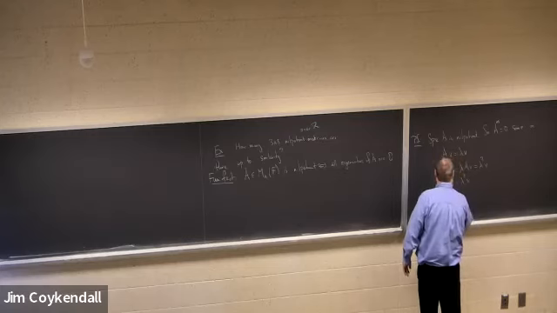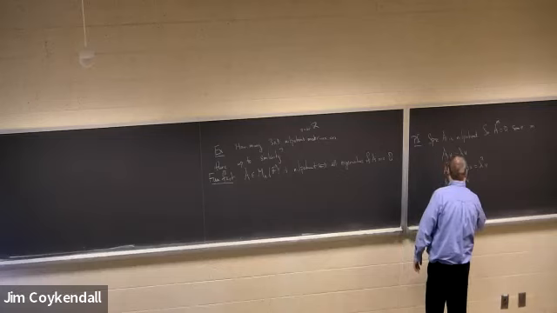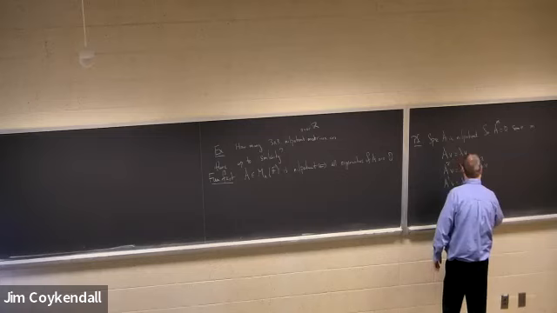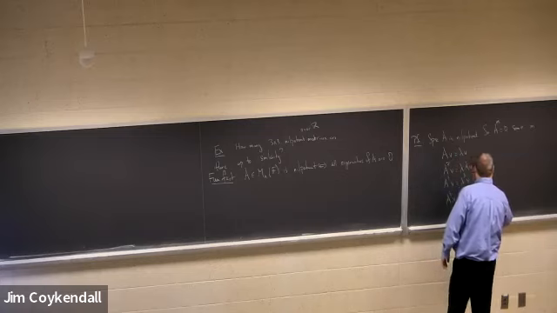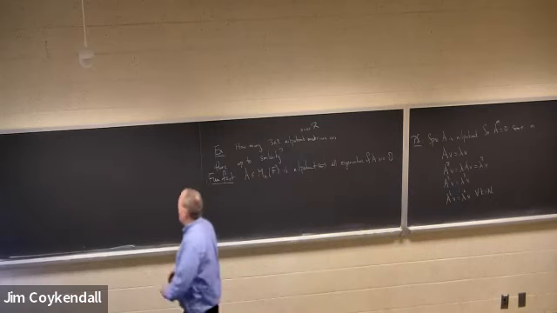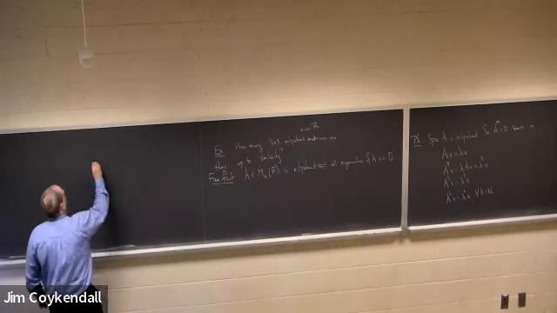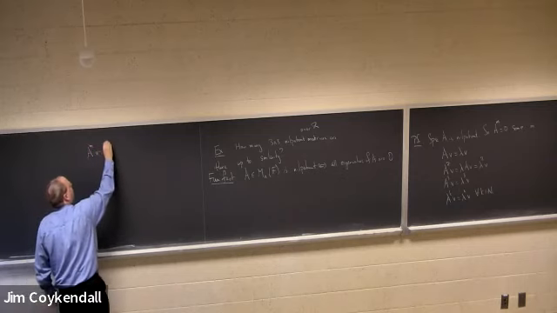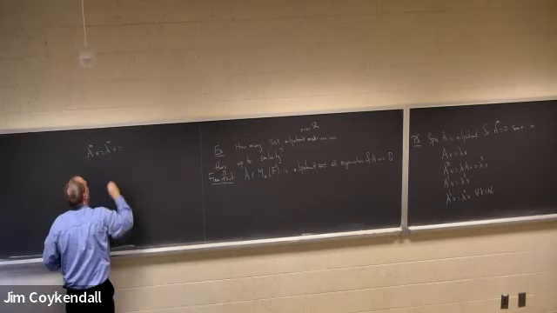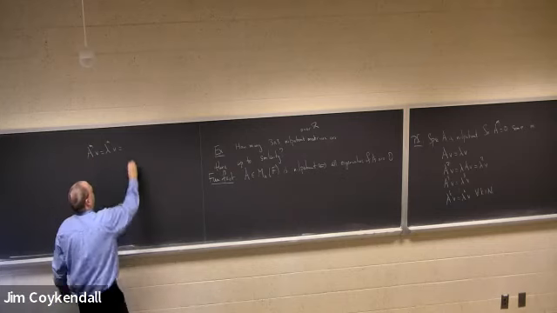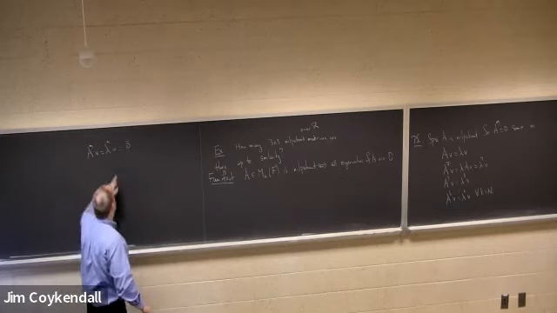So A^k v equals lambda^k v for all k in the natural numbers. Well, this means A^m v is lambda^m v, but A^m is the zero matrix, so this is zero.